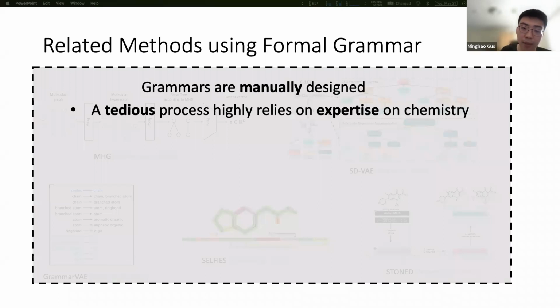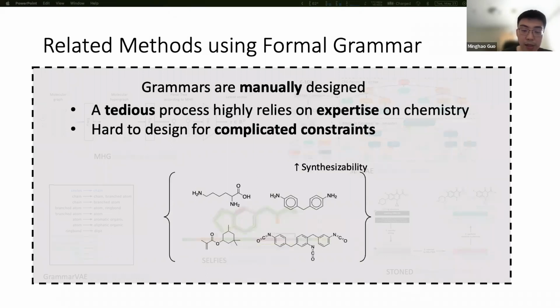However, the common problem of these methods is that the grammar is manually designed by human experts, and it is definitely tedious and relies on chemical expertise. Moreover, it is hard to design rules for really complicated constraints beyond the simple valency constraints. For example, what if we want to design a grammar that can generate samples that are only synthesizable?